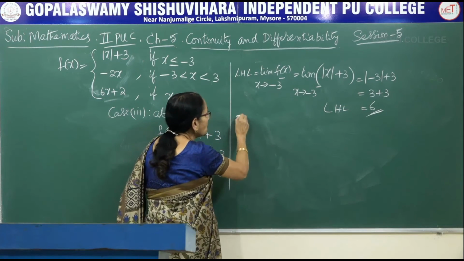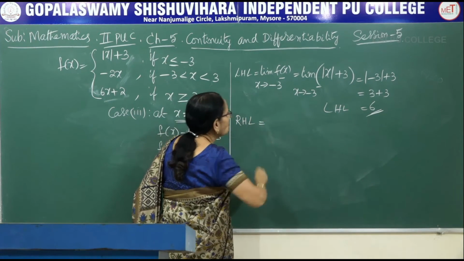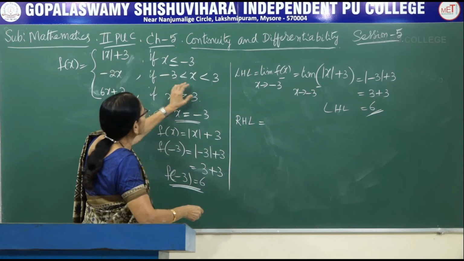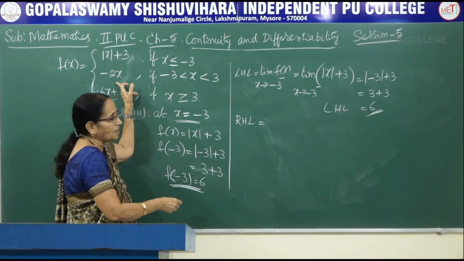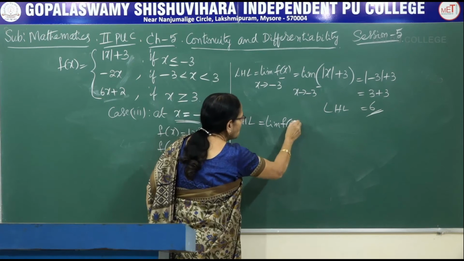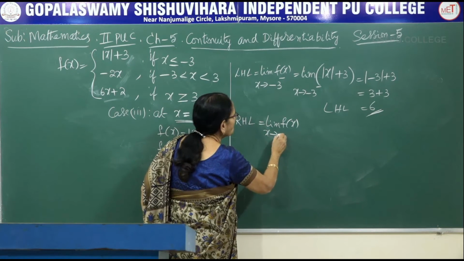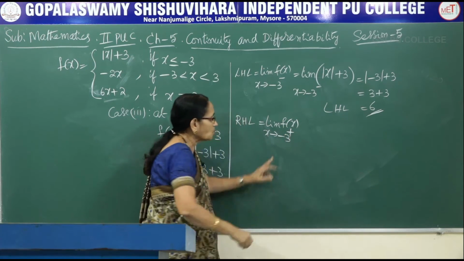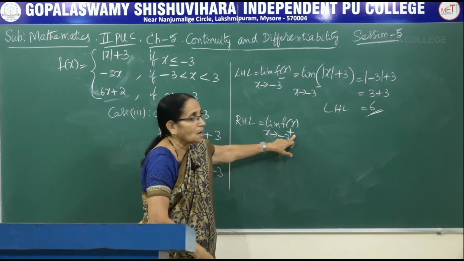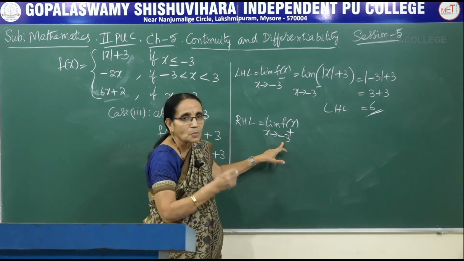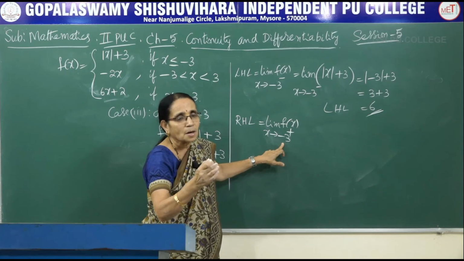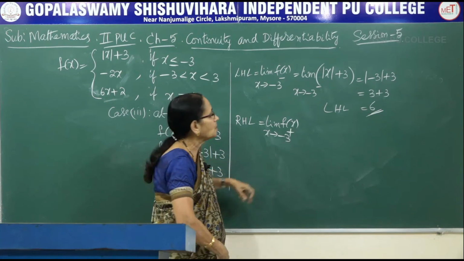Now come to the right hand limit. Look here. For x less than minus 3, the function is defined like this. For x greater than minus 3, it is defined like this. Right hand limit means the number minus 3 can be approached from the right hand side also. So this is minus 3 plus, that means we are calculating the right hand limit, or the number minus 3 has been approached through the values greater than minus 3, or in other words from the right hand side of minus 3.